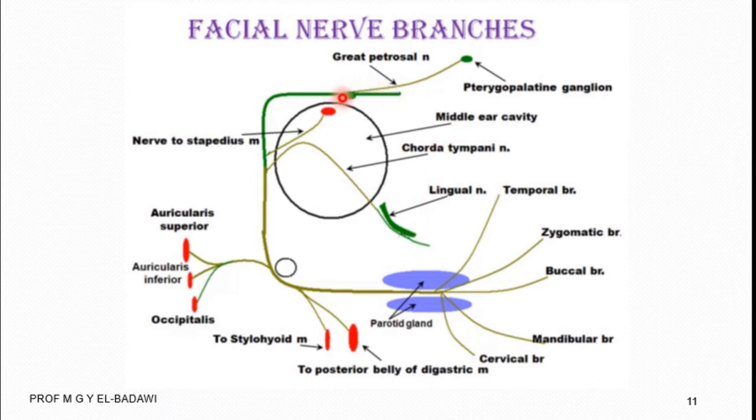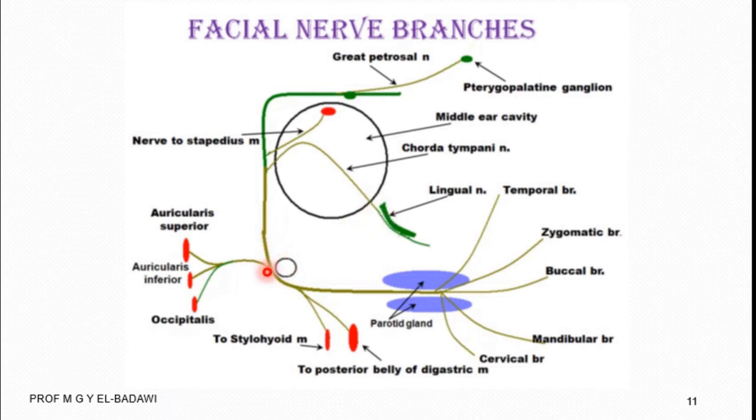Within its intrapetrous part, as we said, the greater petrosal nerve, a parasympathetic branch going to the pterygopalatine ganglion, a branch to the stapedius muscle, and the chorda tympani, which will go through the tympanic cavity out to join the lingual nerve.